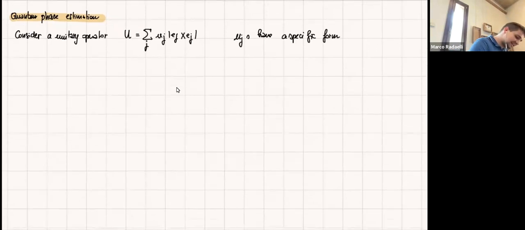By definition of a unitary matrix, this is true.